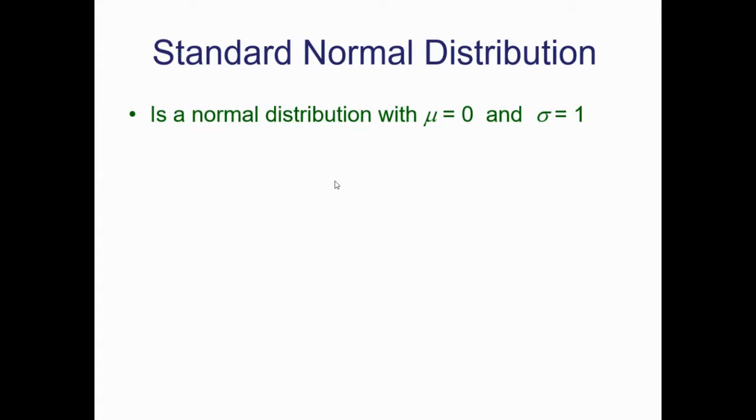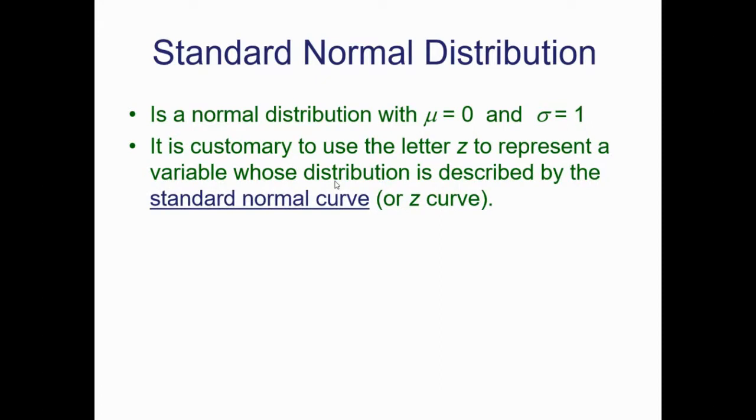The standard normal only talks about one. It's the distribution that has a mean of 0, standard deviation of 1. And for the standard normal, it's customary to use the letter Z to represent a variable whose distribution is described by the standard normal curve.